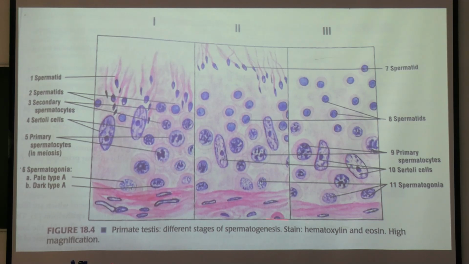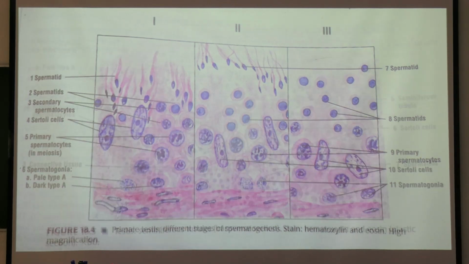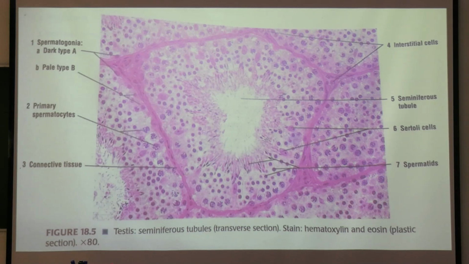Different stages of germ cells have been shown here, and these are the larger nuclei of Sertoli cells. Like this you see under the microscope. Here you can identify those Sertoli cell nuclei like this.